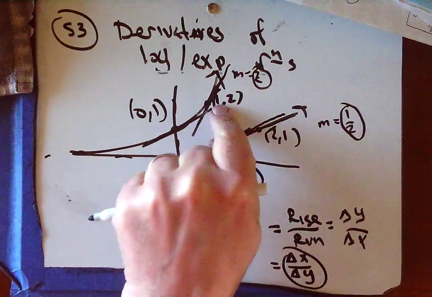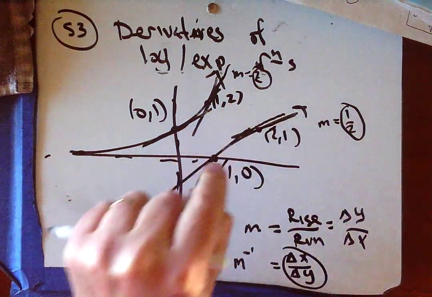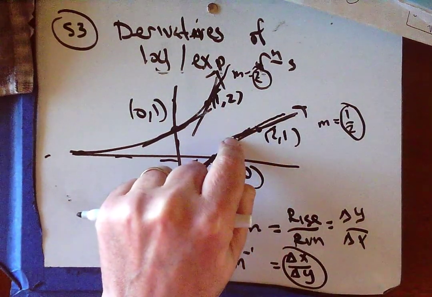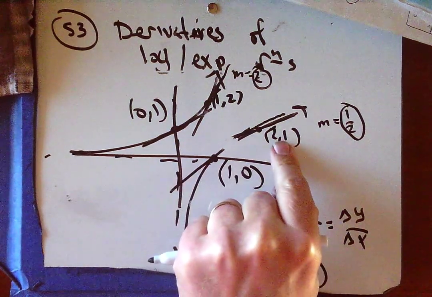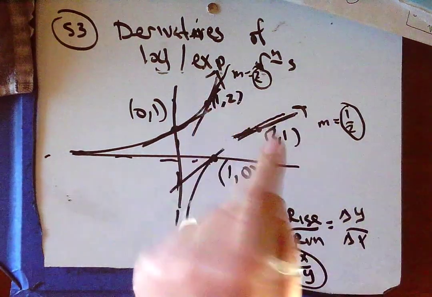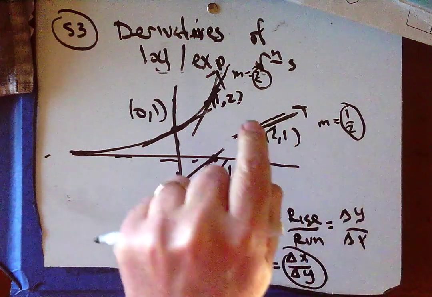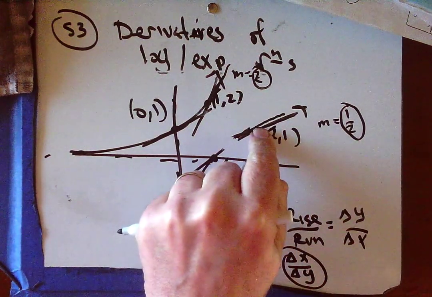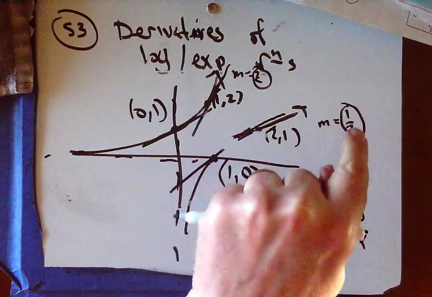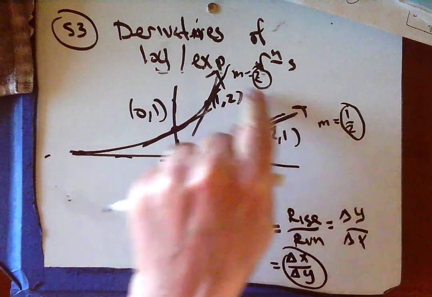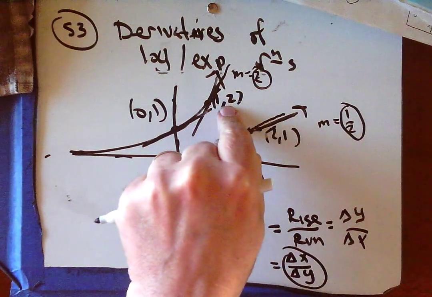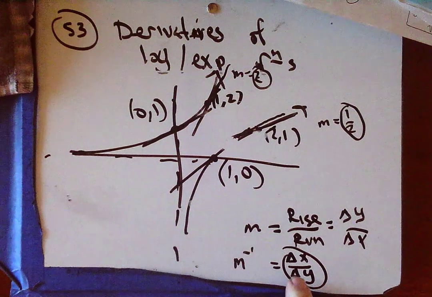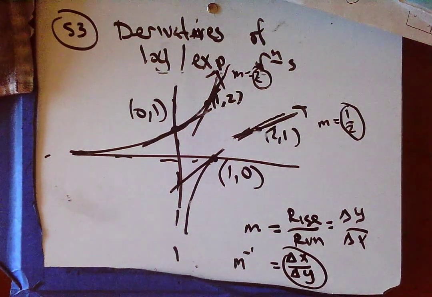Here's the slope at that original point. On the inverse function, at the inverse point, and what I mean by that is we switched the x's and y's, the slope at that point is the reciprocal of the slope on the original function at the original point, because when we make an inverse, we switch the x's and y's.